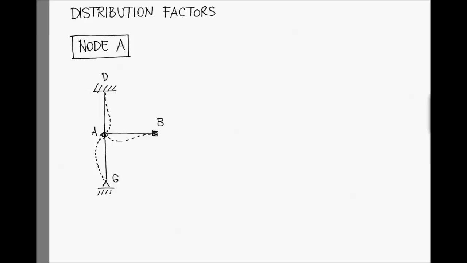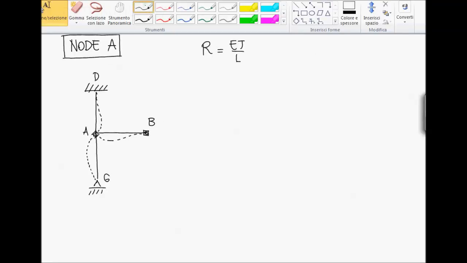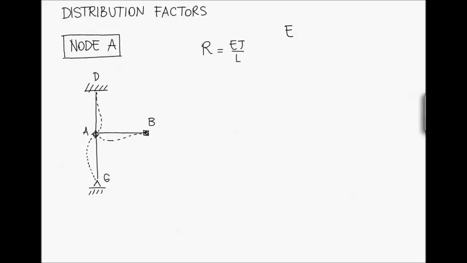So remember that we have defined R equal to EJ over L, the rigidity of the beam. So E is the elastic modulus, and J, which is the moment of inertia, is equal to b h cubed over 12 for a rectangular cross-section having dimensions b and h.